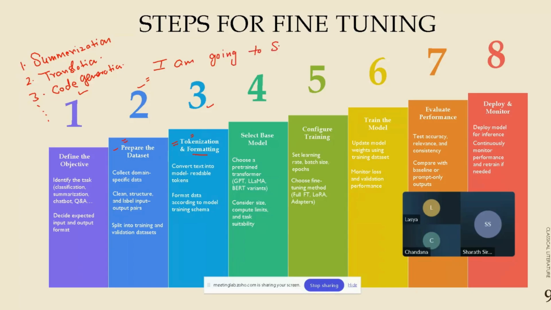But my LLM only understands numbers. My LLM or my machine only understands numbers. They don't know English or any language. So in the concept of tokenization, we break the sentence into small words and then perform the vectorization.